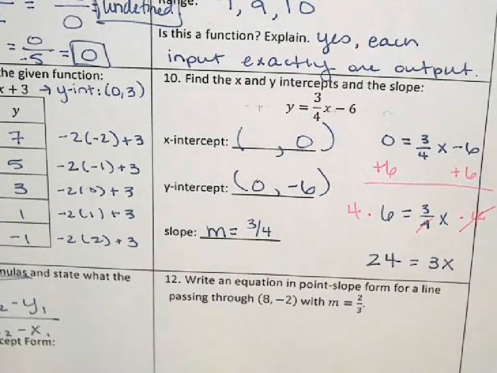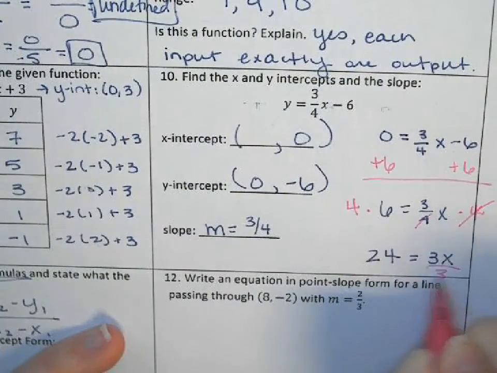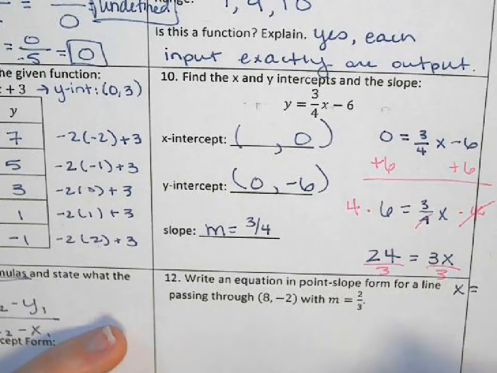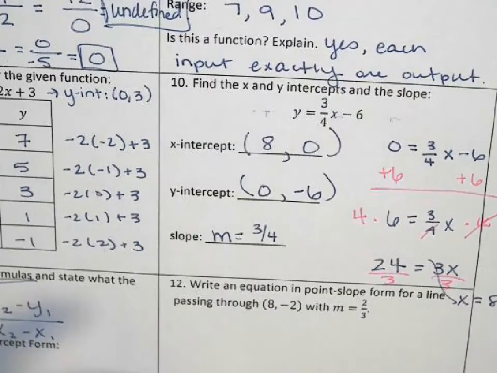Then what? Divide both sides by 3. What's x have to be then? 8. So I fill it in: (8, 0). Is that too bad? Can we handle that?